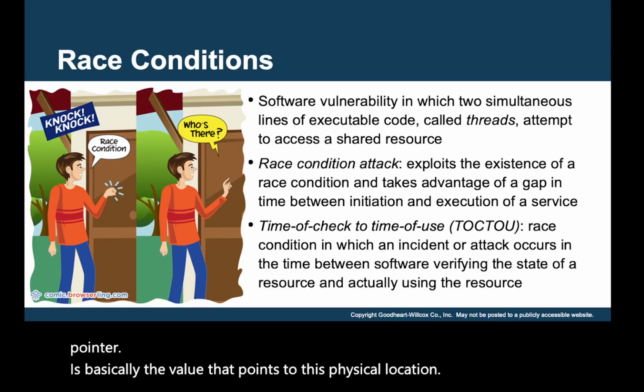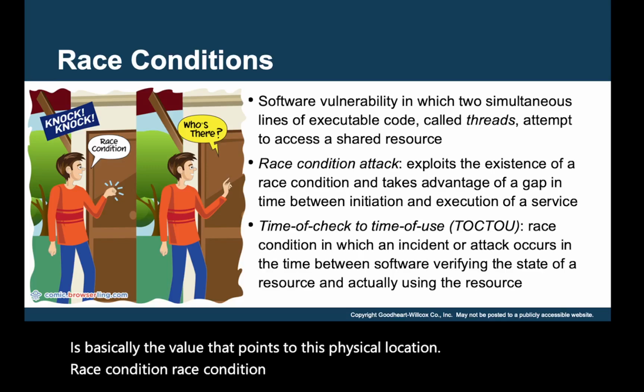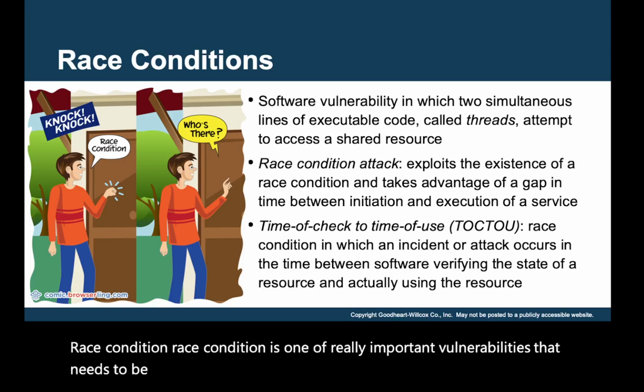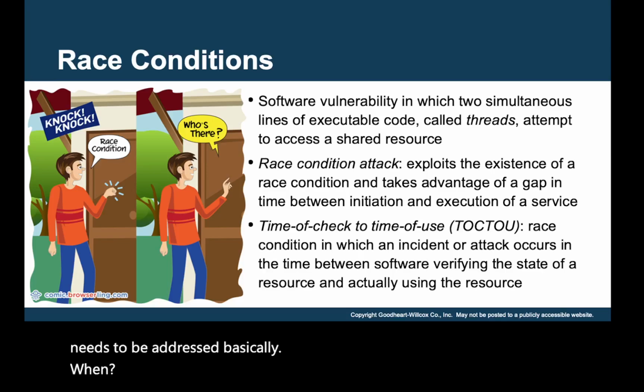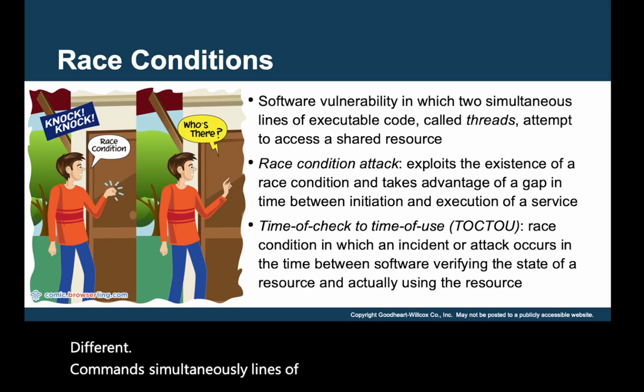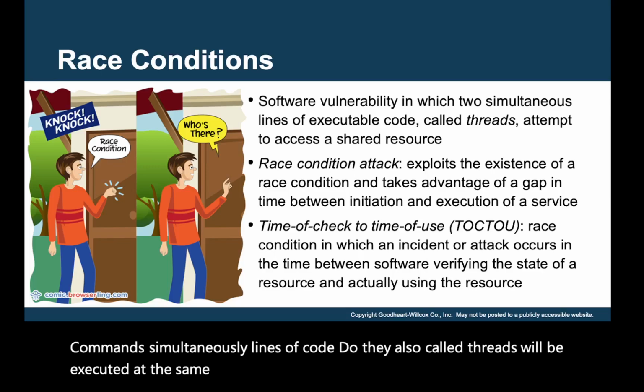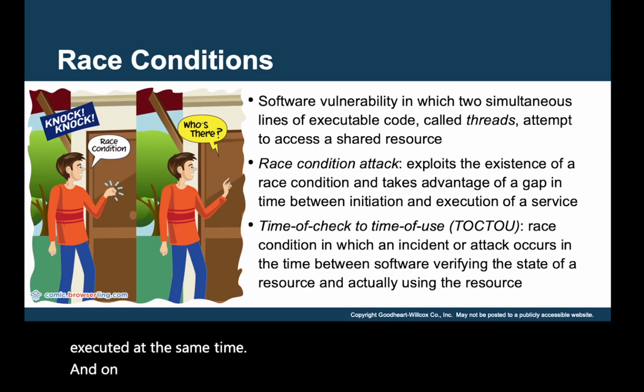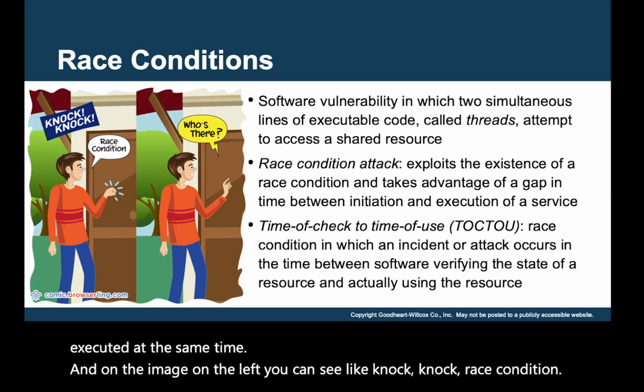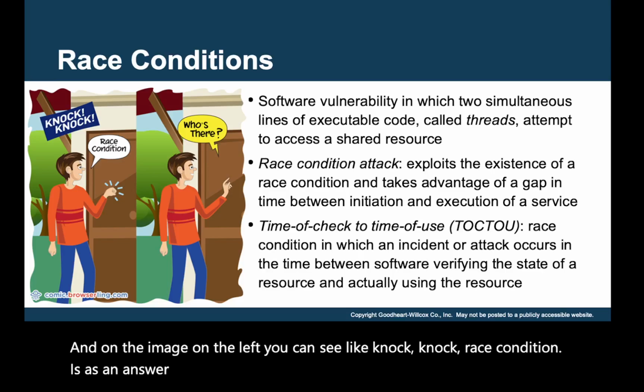Race condition. Race condition is one of the really important vulnerabilities that needs to be addressed. Basically, it is when different commands, lines of code, also called threads, are executed at the same time. On the image on the left, you can see a knock-knock joke as a race condition: an answer before it was asked who was there.